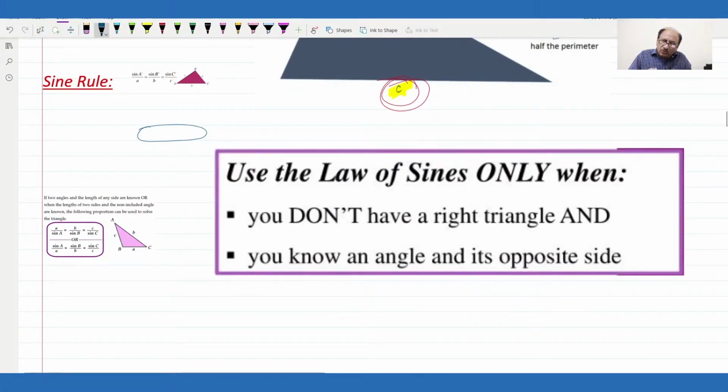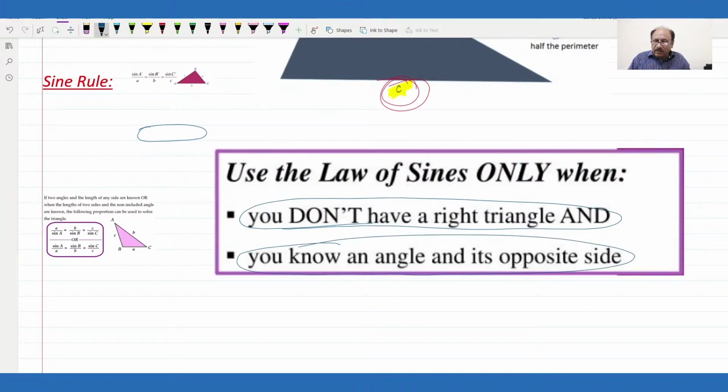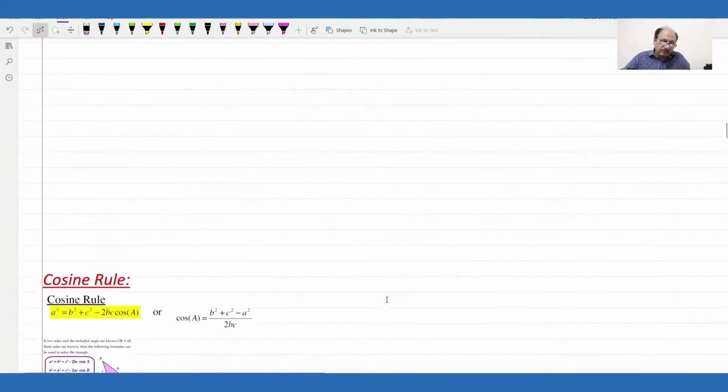When we don't have a right angle triangle, and we know an angle and its opposite side. So the angle should be known and its opposite side should be known, then we can apply the sine rule. This is very, very important. You should keep this in mind.